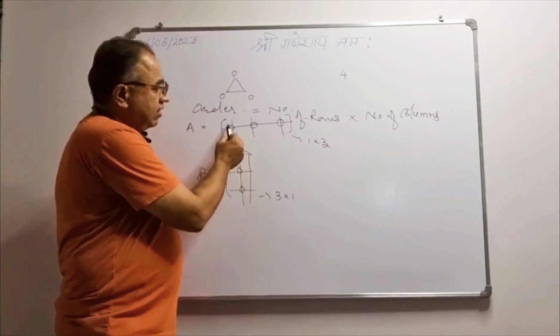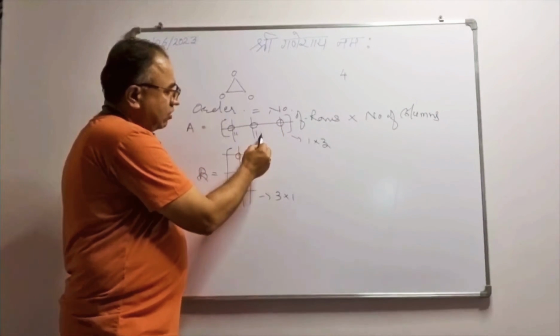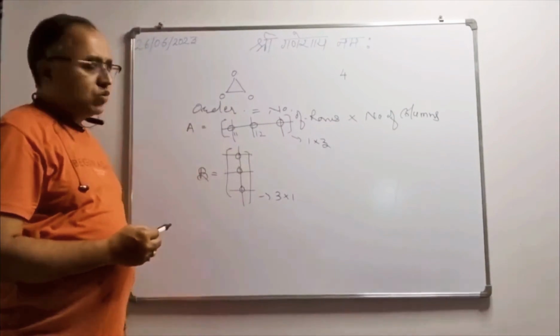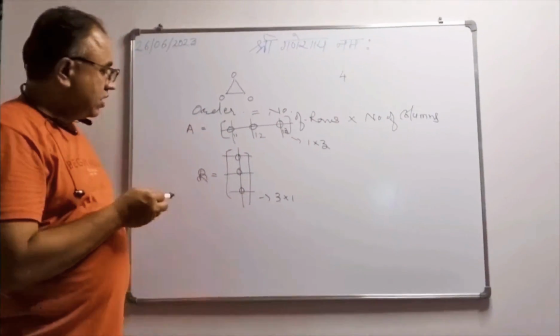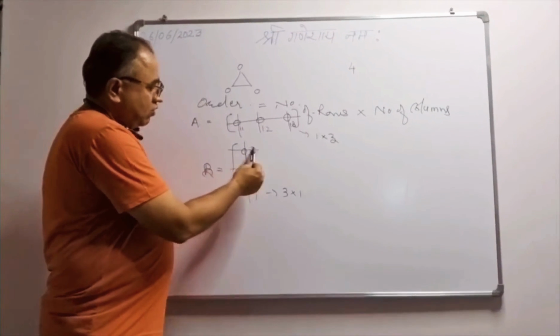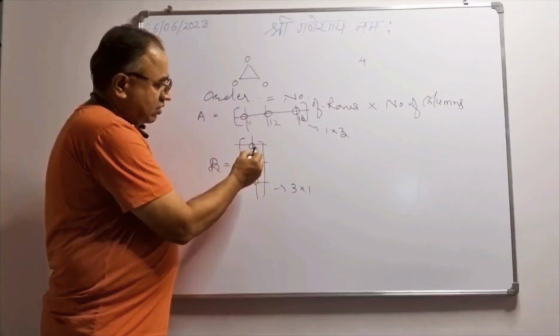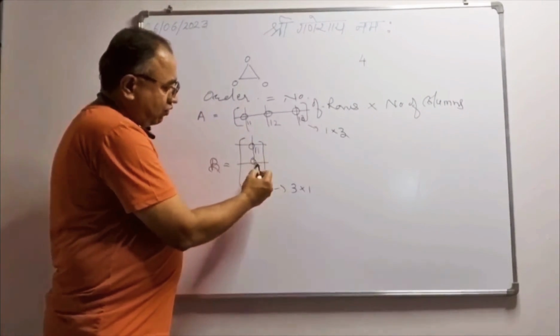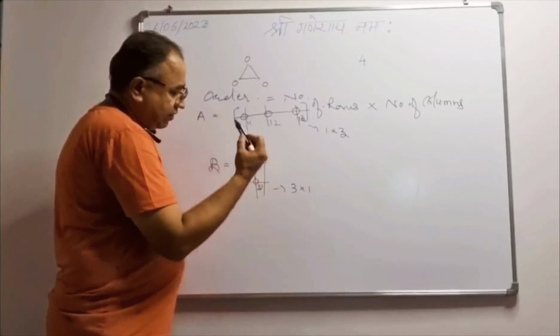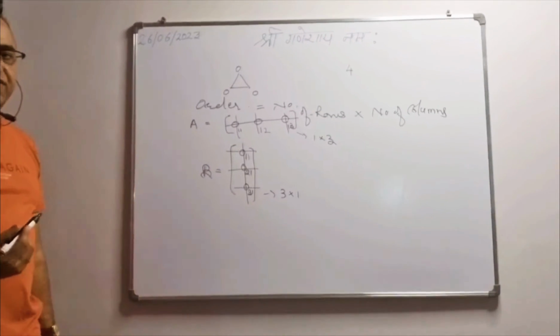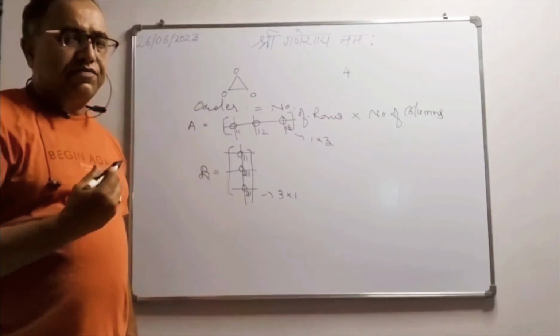The second entry is at first row, second column, so the position is 1, 2, and this one is 1, 3. First row, third column. Likewise here, first row, first column 1, 1. It's the second row, first column 2, 1. It's the third row, first column 3, 1. So these are the positions of all the entries of a matrix.